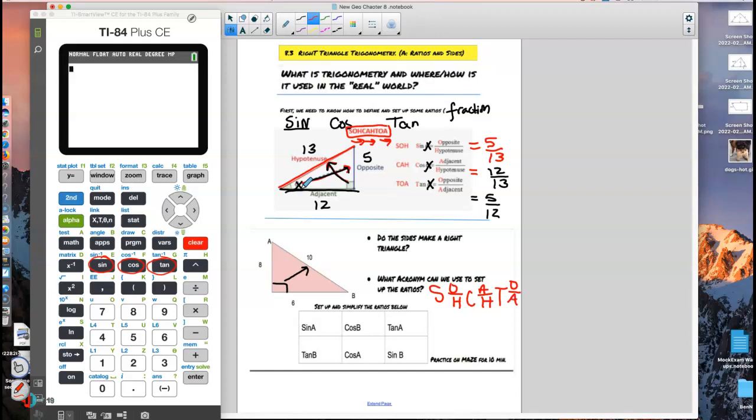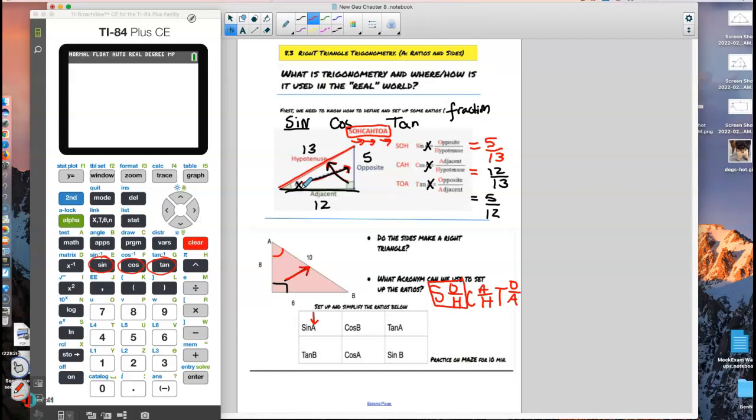So the first thing we need to do is identify what angle they're asking me to look at. I always tell kids, put an arc in that angle. That means you're going to ignore angle B when you're doing the sine of angle A. The sine ratio is opposite, straight across, but I like to label them.